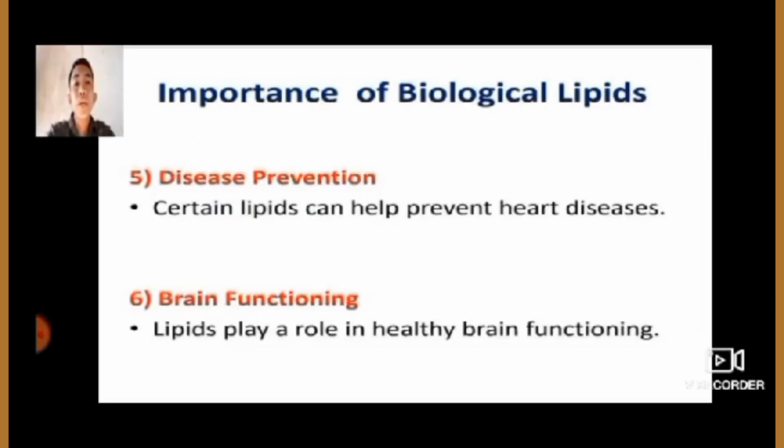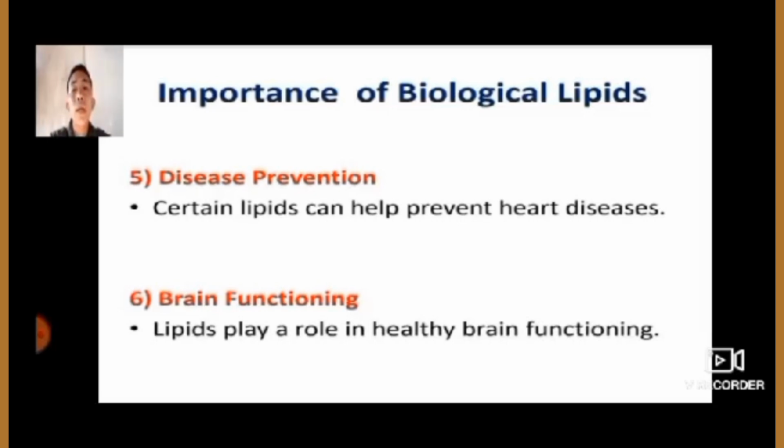So the next importance of biological lipids is disease prevention. Certain lipids can help prevent heart diseases. My explanation is that certain types of lipids such as omega-3 fatty acids found in fish oil have been shown to lower the risk of heart diseases by reducing inflammation, improving cholesterol levels, and preventing the formation of blood clots.